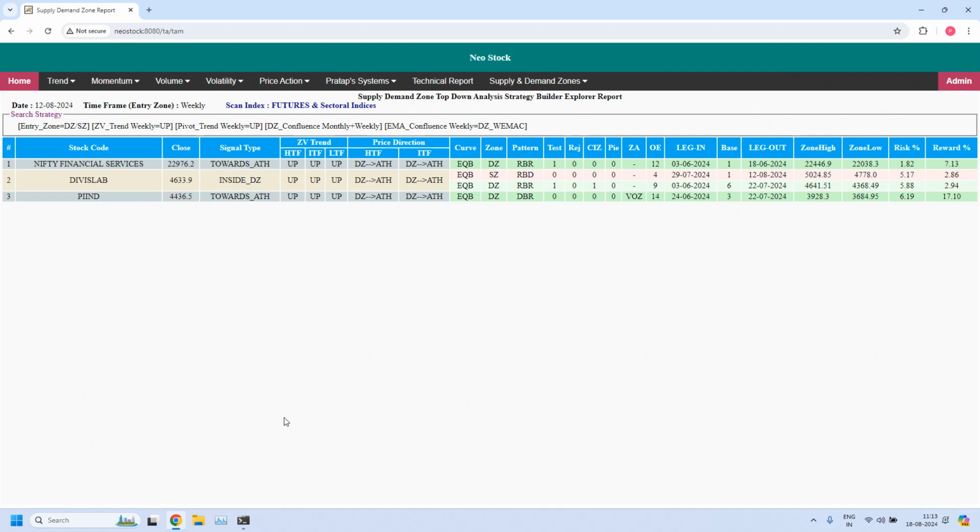Now only 3 stocks are filtered. We have Divi's Lab, Nifty Financial Services, and PI Industries. So now prices are inside the weekly demand zone for Divi's Lab.